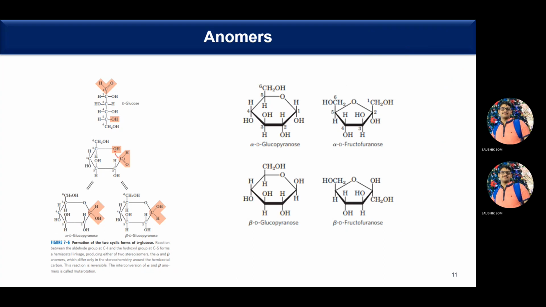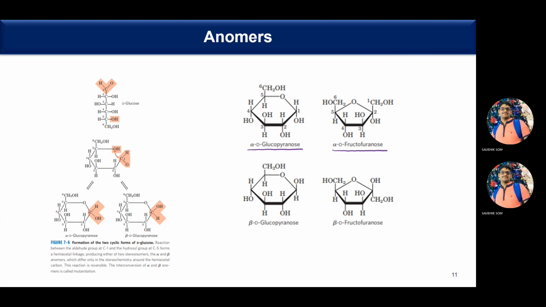Now what are anomers? Anomers have a different chirality than the linear sugars. Linear sugars don't have any anomers. The term anomer comes only when we are forming a cyclic sugar or hemiacetal sugar. Correct? So this will either form a pyranose ring, or a furanose ring, like fructose will form fructofuranose.